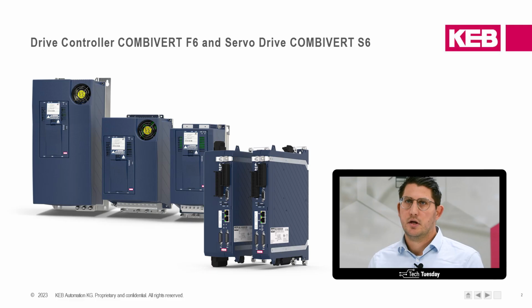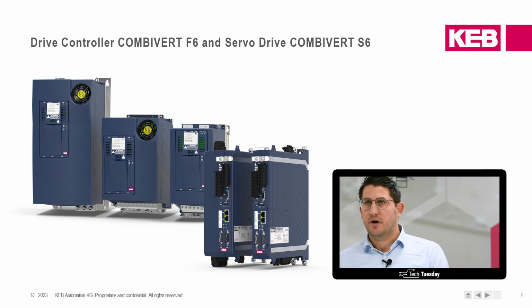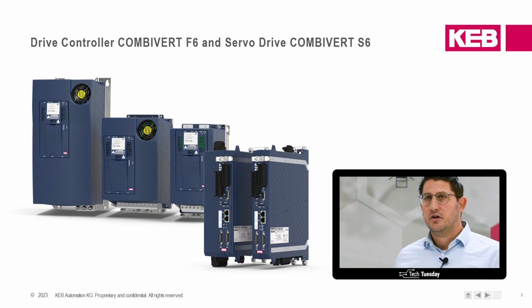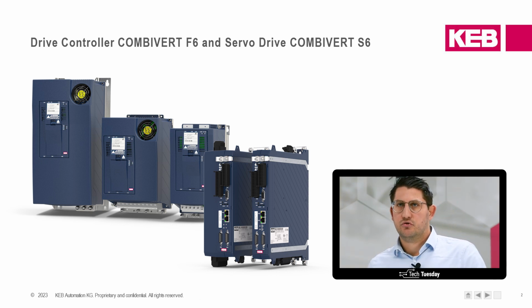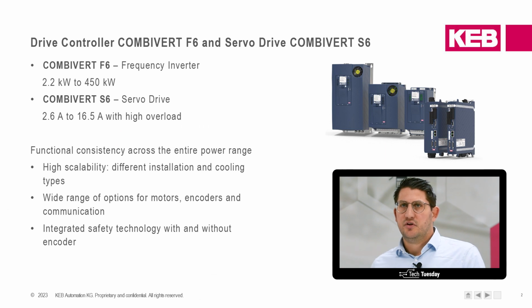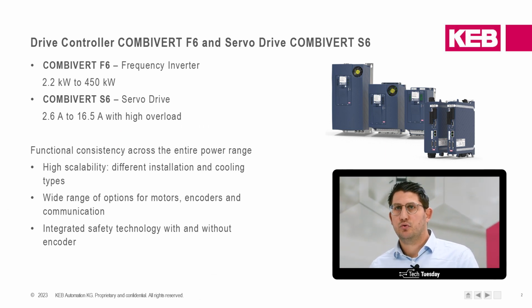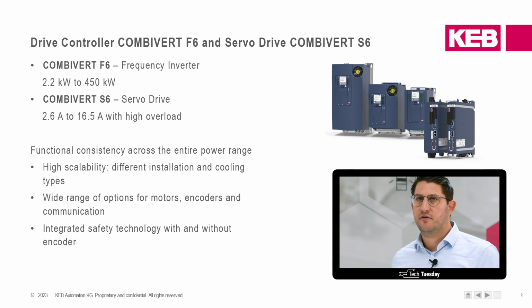The drive controller COMBIVERT F6 and the servo drives COMBIVERT S6 are two of our drive series. The frequency inverter COMBIVERT F6 has a power range from 2.2 kilowatts up to 450 kilowatts. The COMBIVERT S6 servo drive has a high overload in the current range from 2.6 amps to 6.5 amps.